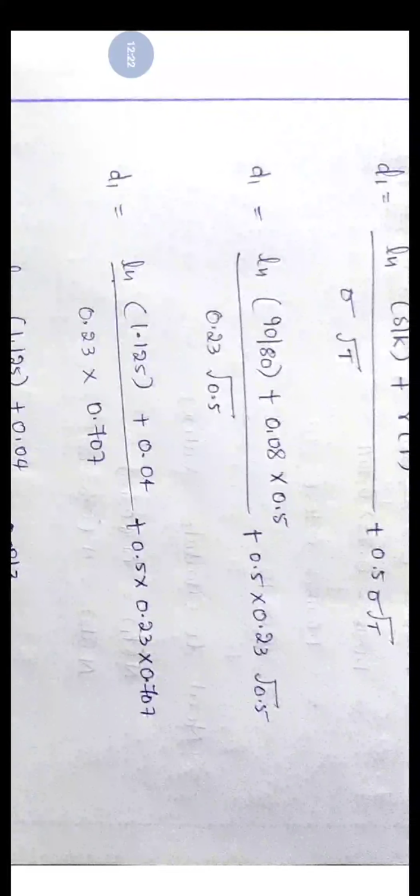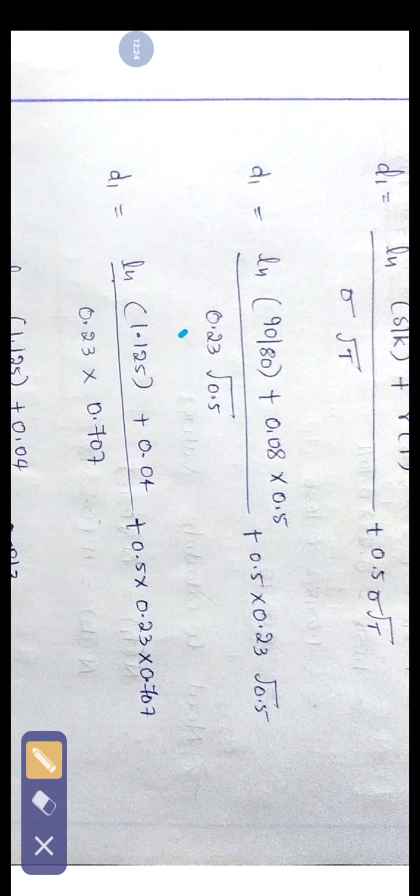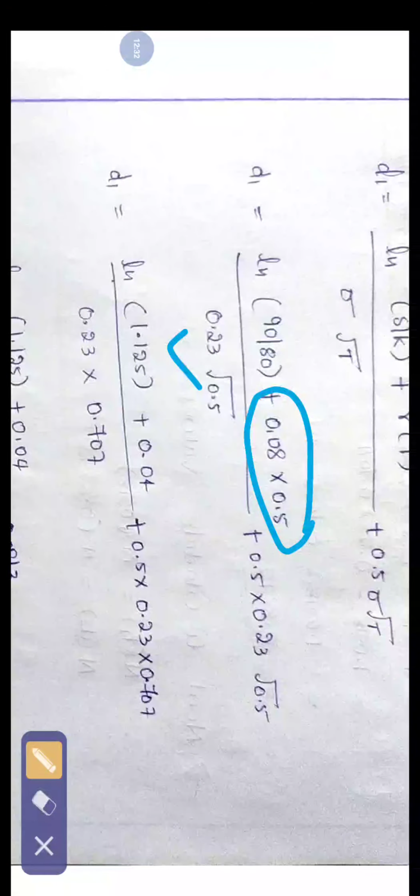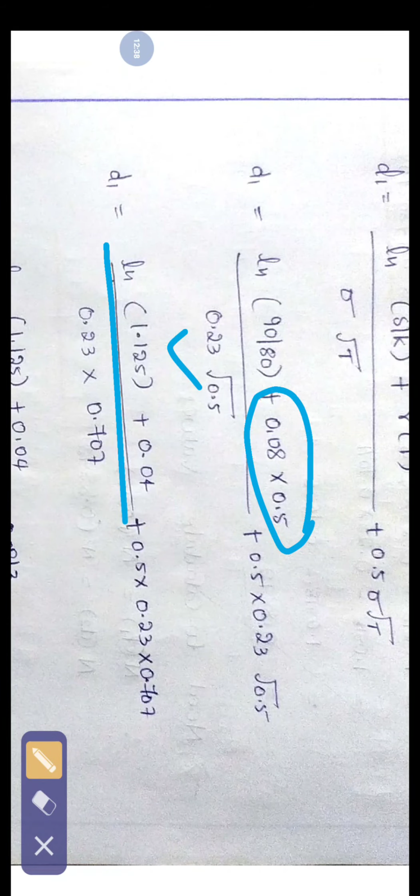So 90 divided by 80, it is 1.125, plus 0.08 into 0.5, it will be 0.04, divided by 0.23 into square root of 0.5. Square root of 0.5 will be 0.707.